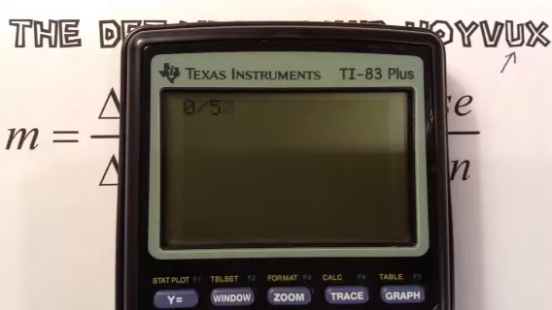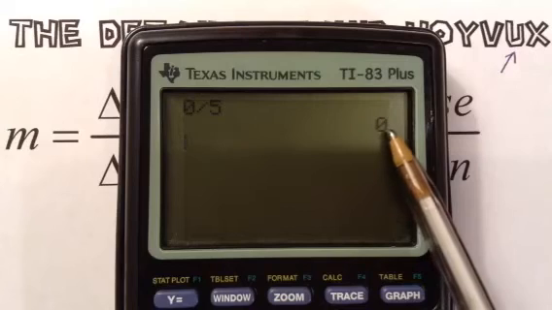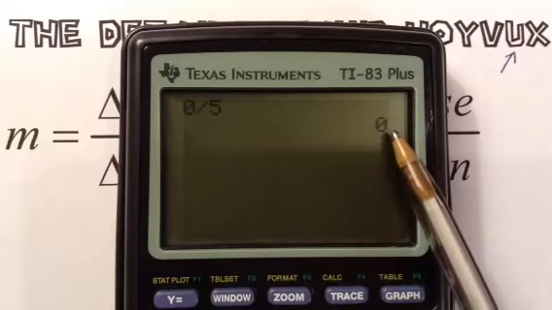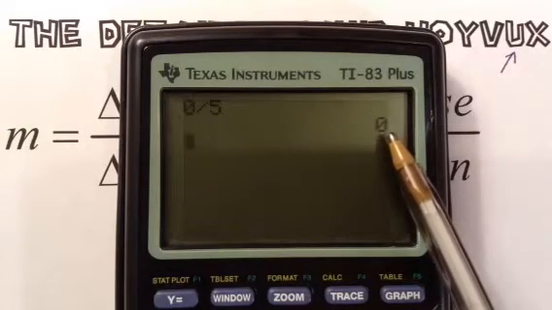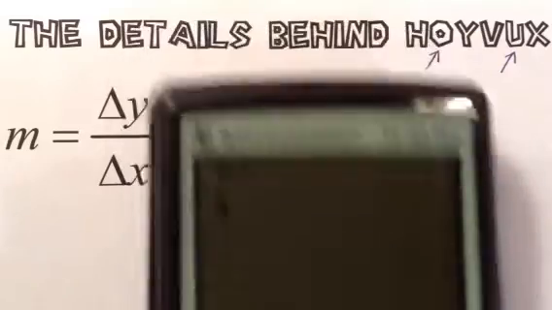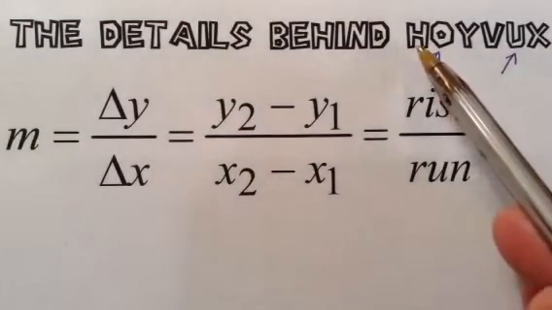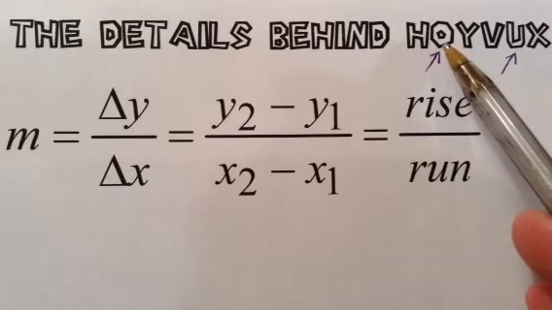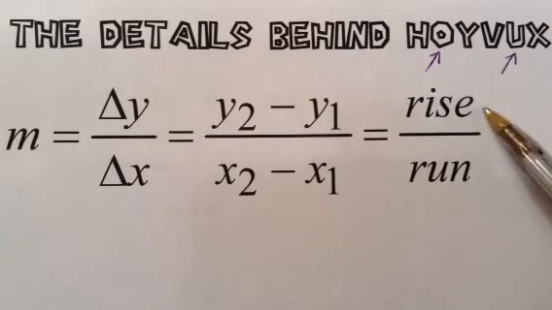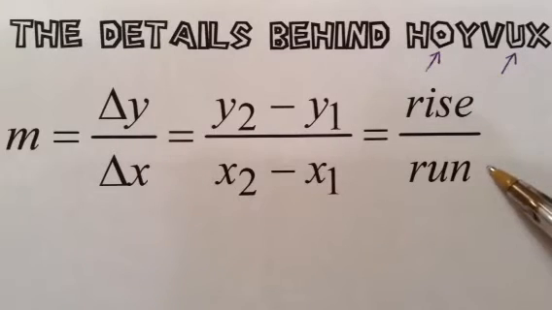So what is that? Well, if I press enter, the calculator says that I have a slope of 0. So if I'm dealing with a horizontal line and I have a slope of 0, that means that my rise is going to be 0 and my run is going to be a non-zero number.